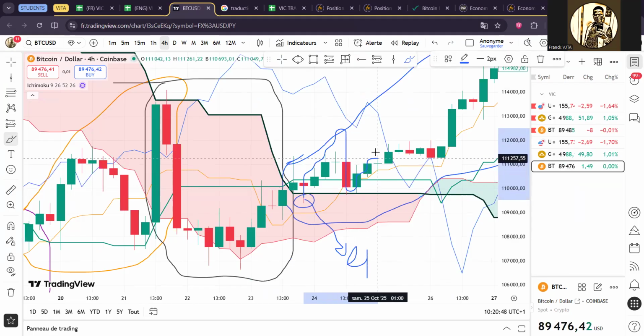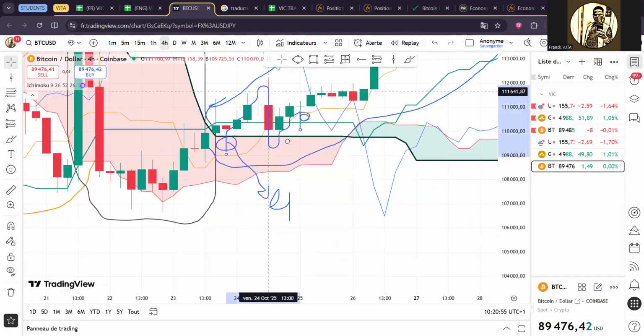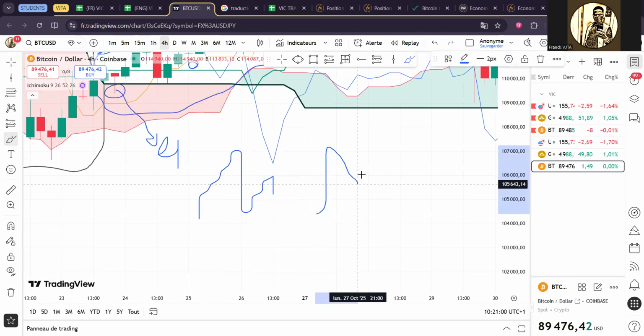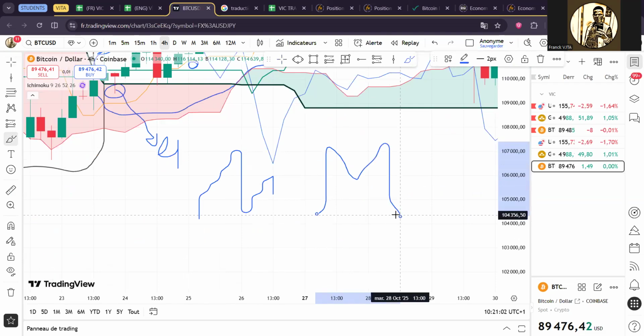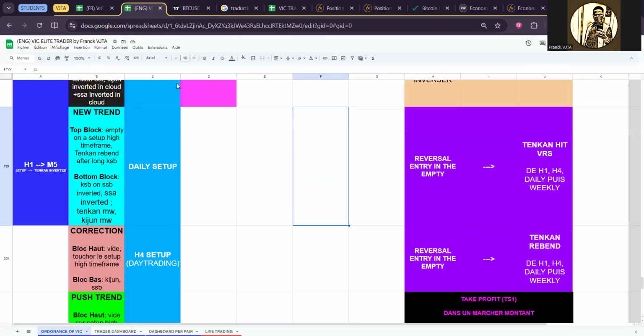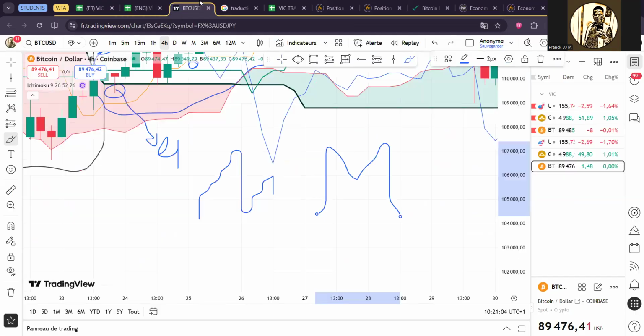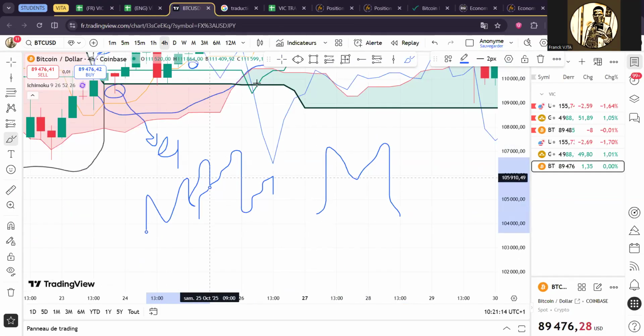And then you will see this candle touch Tenkan at this level, right? And when you take this shape that I just drew, it looks a little bit like an M letter. So when I talk about Tenkan MW, it is more of saying that the price is doing the highs like this, right?